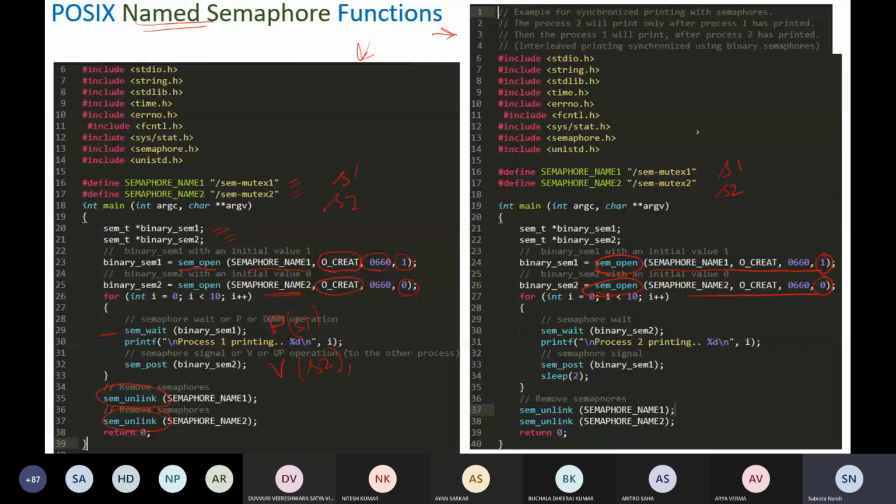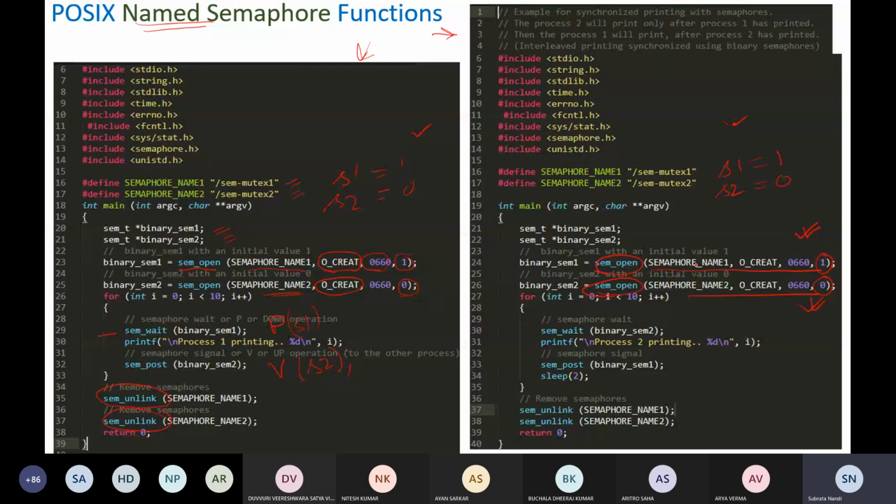So no matter which one is executed first, the initial state of the semaphores s1 and s2 will be the same: s1 set to 1, and s2 set to 0. If one of the processes already created this, the other process will just attach to it, I mean, it will get the pointer to that semaphore. So there will be no duplicate creation, and the operating system will ensure that, because it is maintaining such semaphore resources.